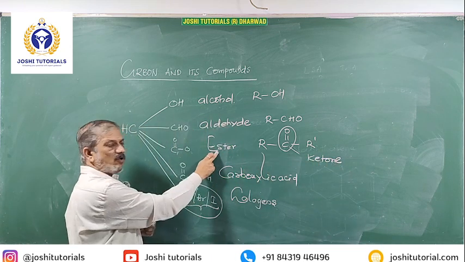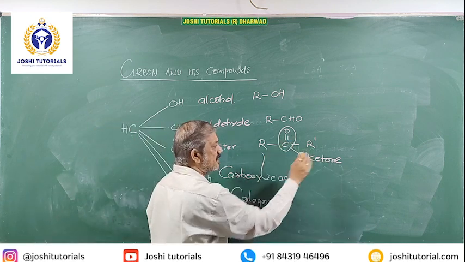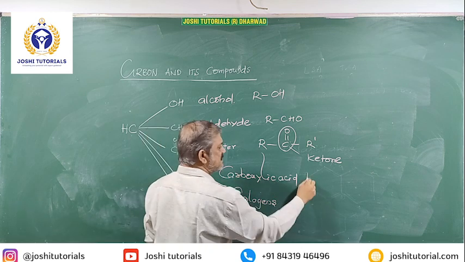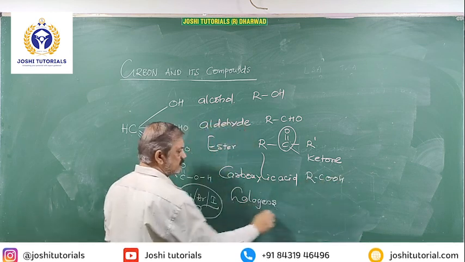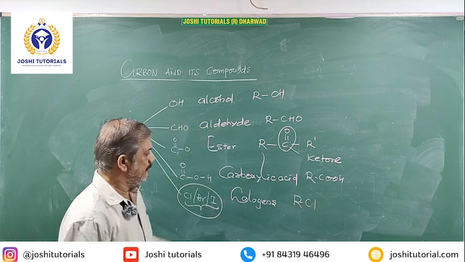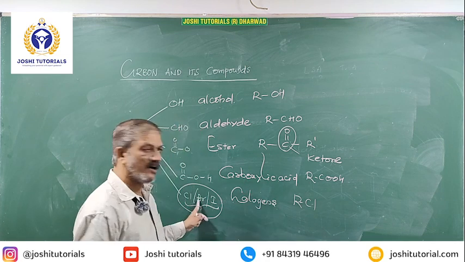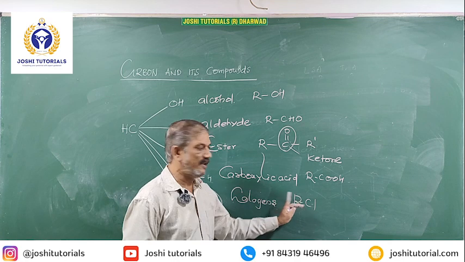Two, if you write, it is called ester. Only one CO, it is called ketone. Carboxylic acid is COOH, and halogens, usually we write RCl, RBr, like that. It is alkyl, methyl, like that.